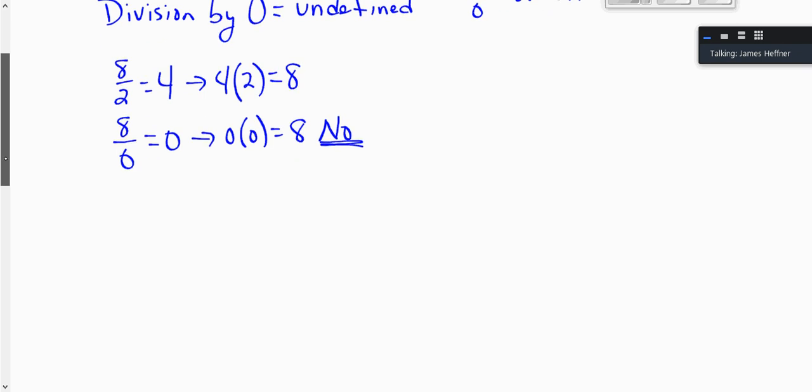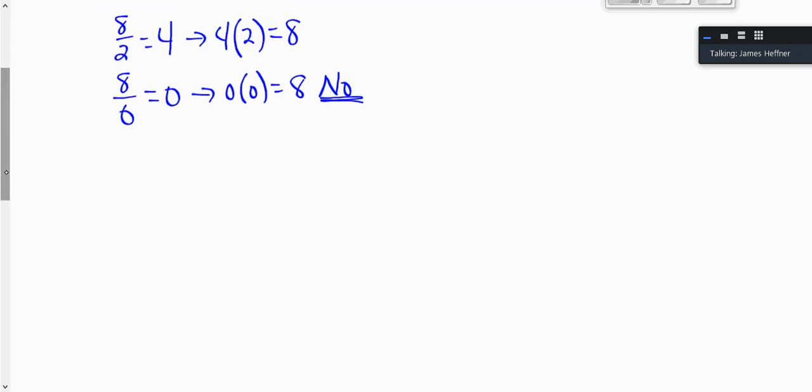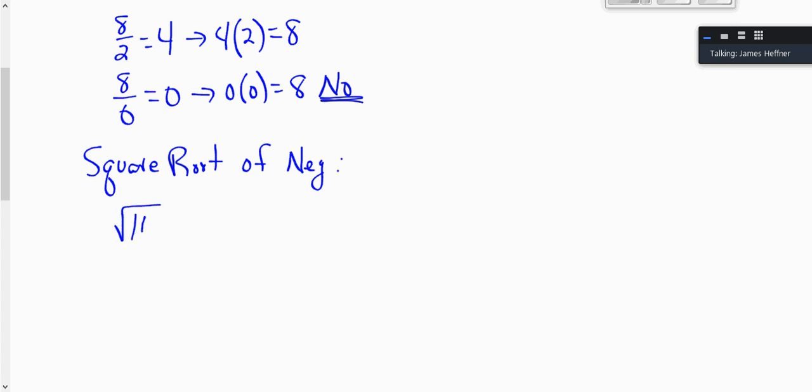And also, let's talk about taking the square root of a negative number. We know that the square root of 16 is plus or minus 4, and you get 2 answers there. Now, what does that imply?